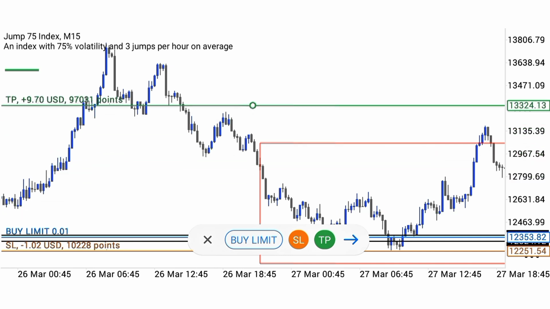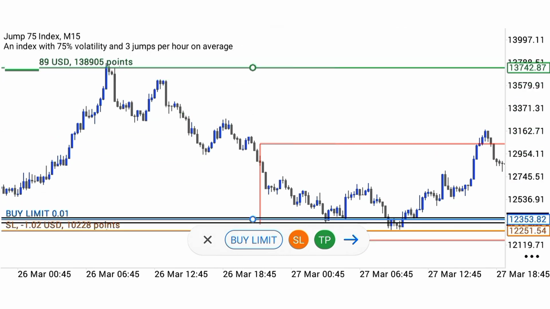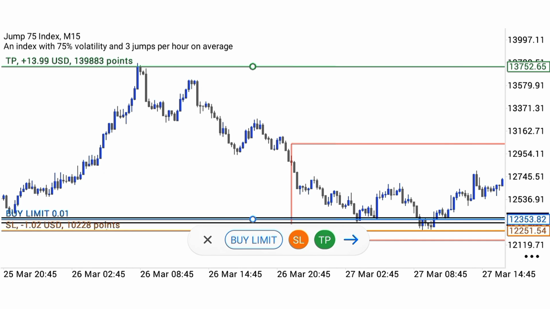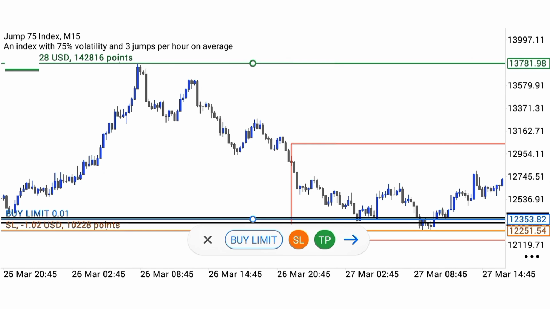If you place your take profit at this high point here, your $1 risk is going to be giving you $14. That's $13.99, almost $14. And even if you raise it to the highest point here, you'll see that you'll be making $14.28.